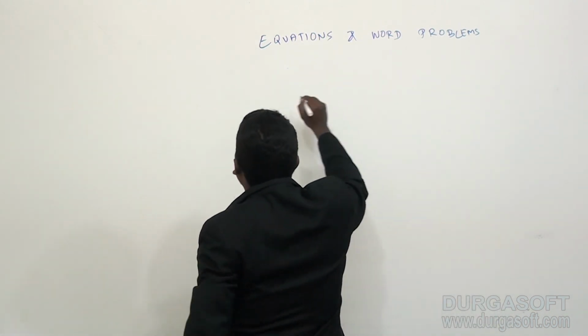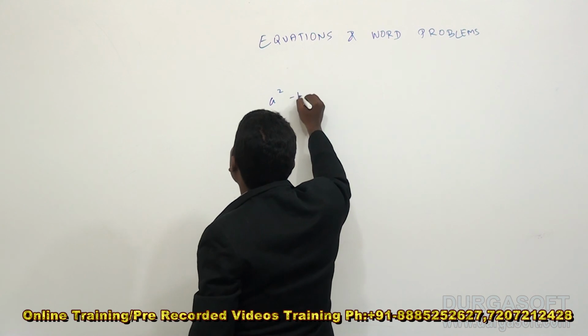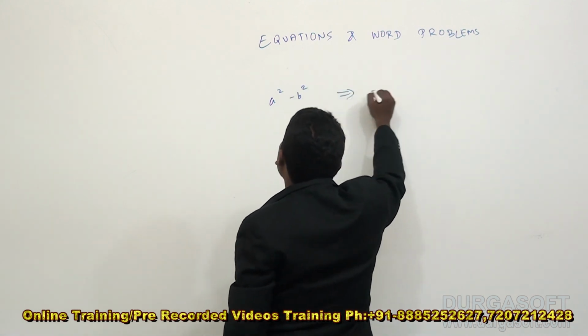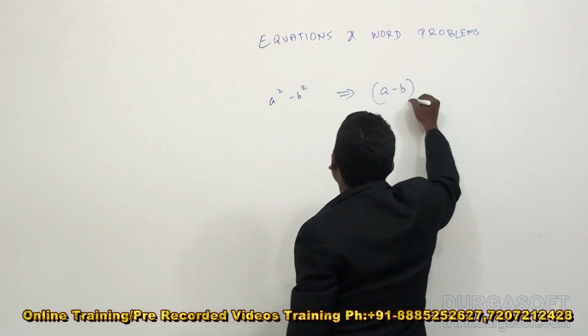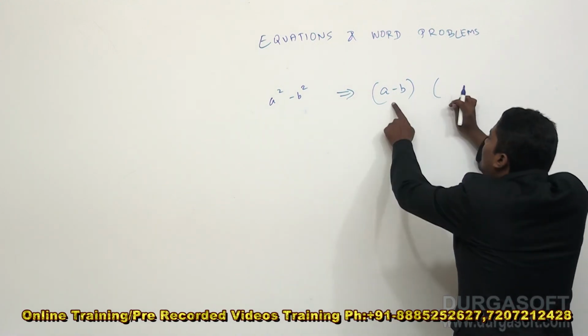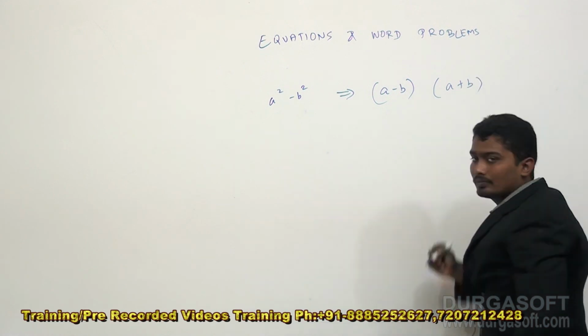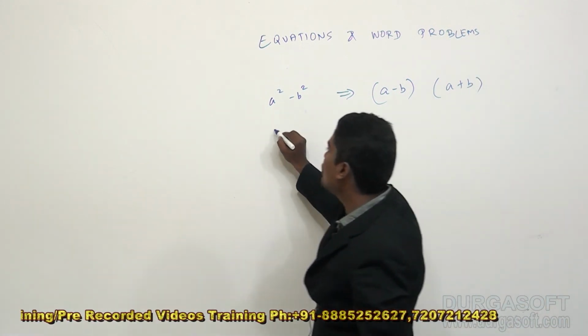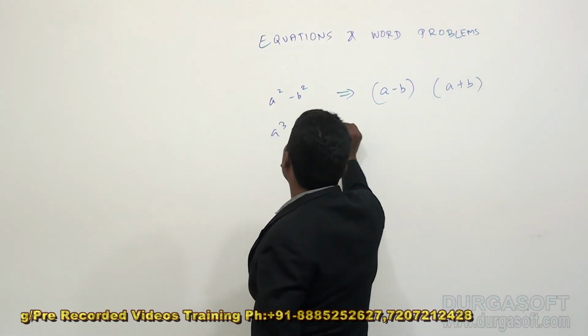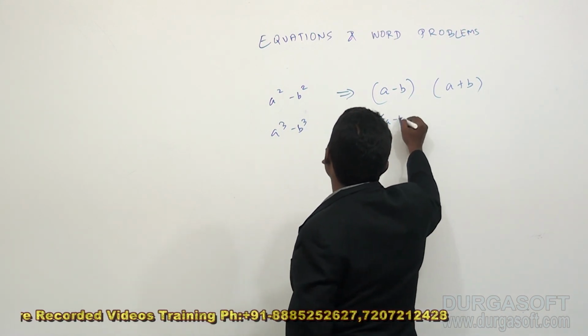So for a square minus b square, it will be a minus b into, if you remove one a and one b, it becomes a plus b. Next for a cube minus b cube, it will be a minus b.